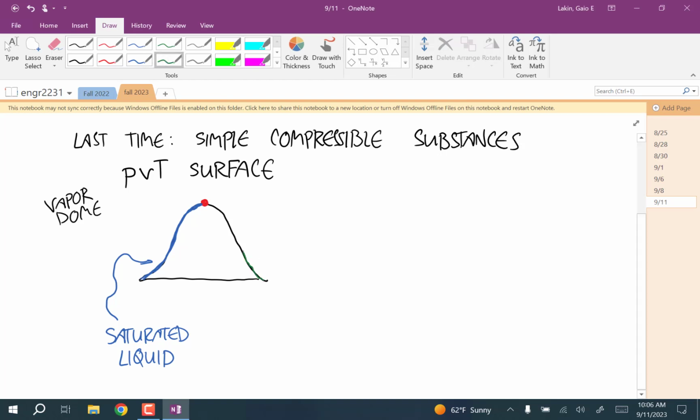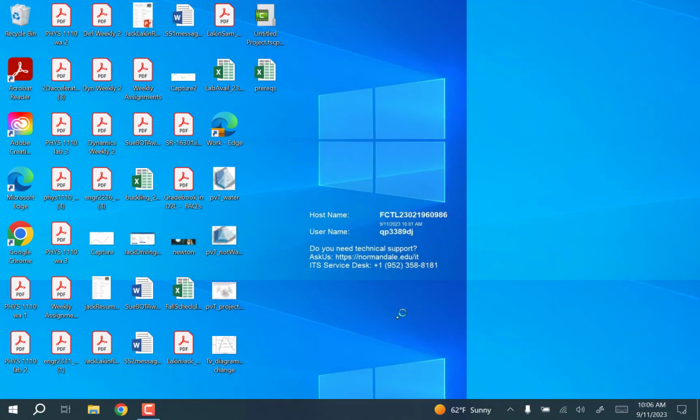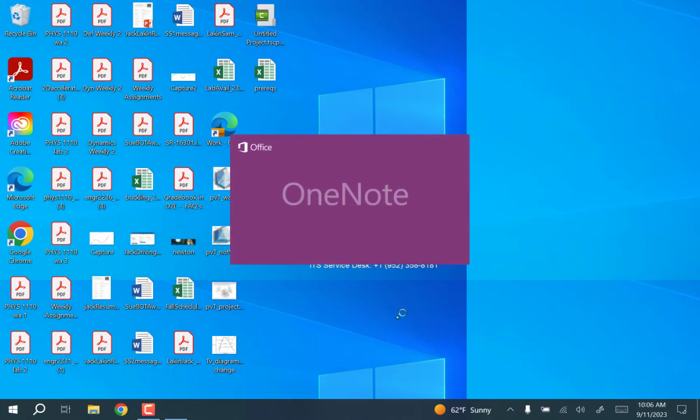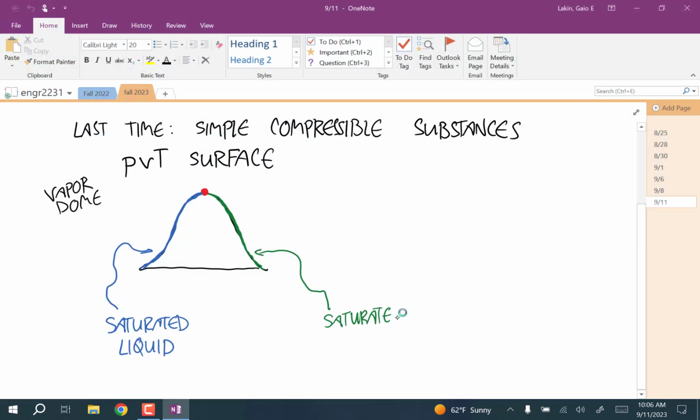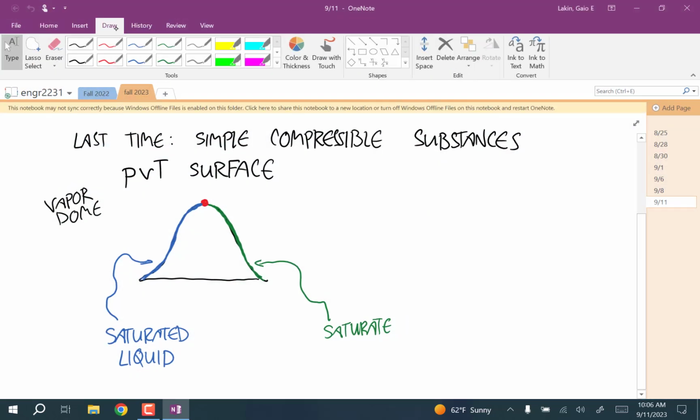On this side, we have a saturated vapor.